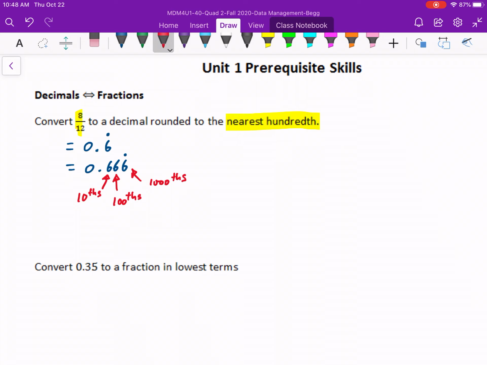But anyway, if we want the nearest hundredth, we want to round to 2 decimal places, which means we look at the number to the right of that, and if it's 5 or more, we round up. And it is 5 or more, so we are going to round up. So we round up that number that I've highlighted in yellow in the hundredths place to the next number, which is 7. So that would be our solution for our first conversion.